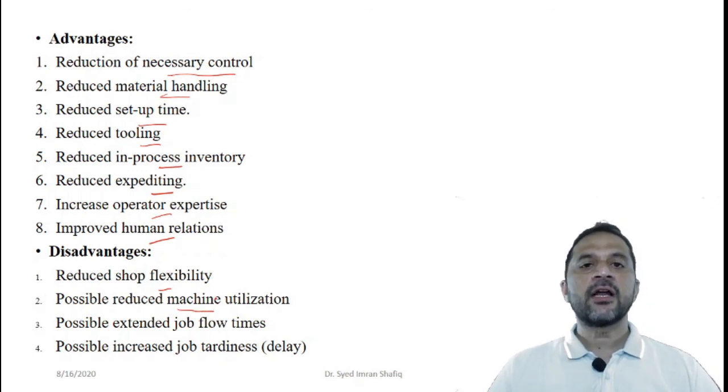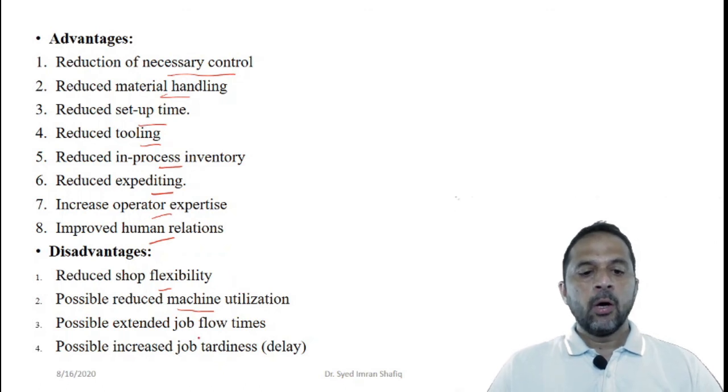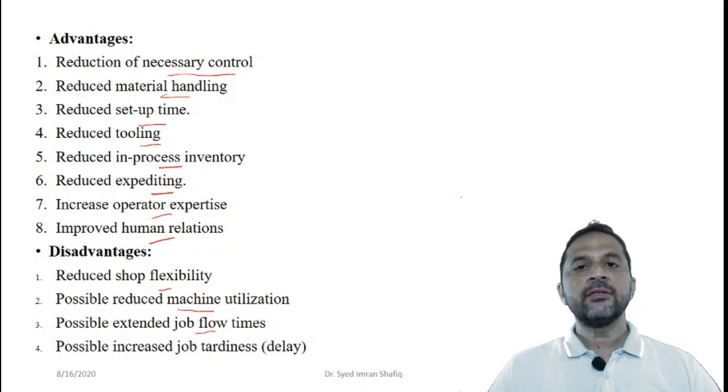As we have seen, there are certain cells, and there might be a situation where in one cell certain machines are idle, but in another cell the same kind of machine is overloaded. So there is not a proper utilization of resources. One is idle and the other one is overloaded. And the last is a possible extended job flow time. Because of that reason, there is a chance that time can increase.